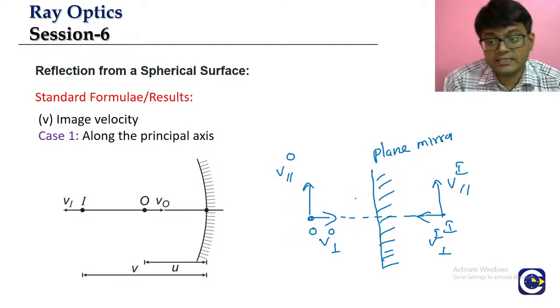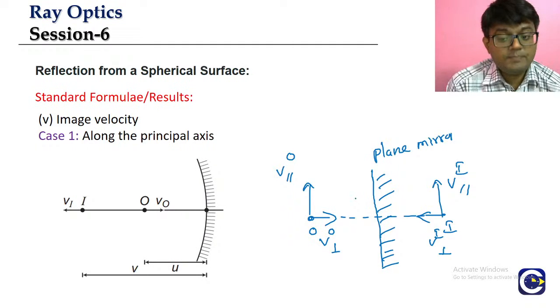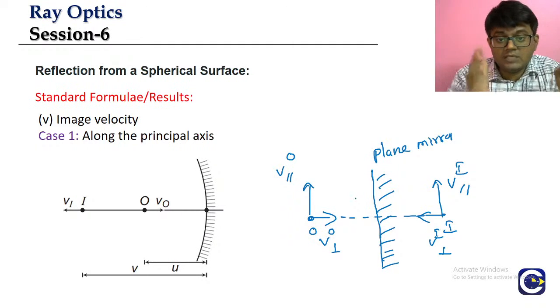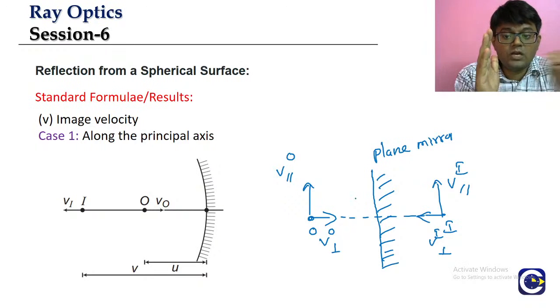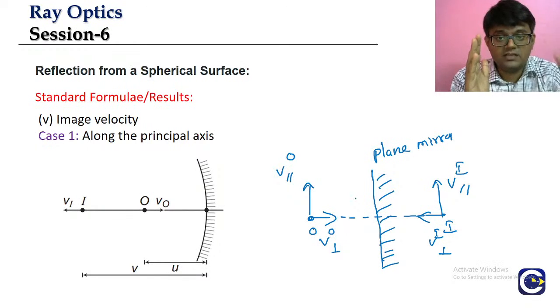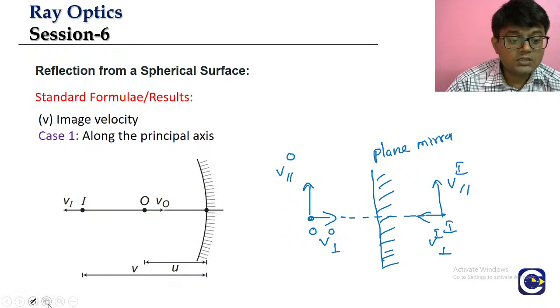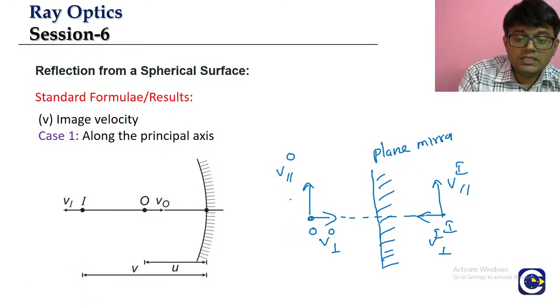So we should not forget the things that we discussed before. If you have a plane mirror, we are moving an object with respect to the plane mirror. Moving doesn't mean we always move along the perpendicular line or the normal line. We can move it any way. If we are moving in any direction, we are going to have two components of velocity. One is the component of velocity in the normal direction, perpendicular to the plane.